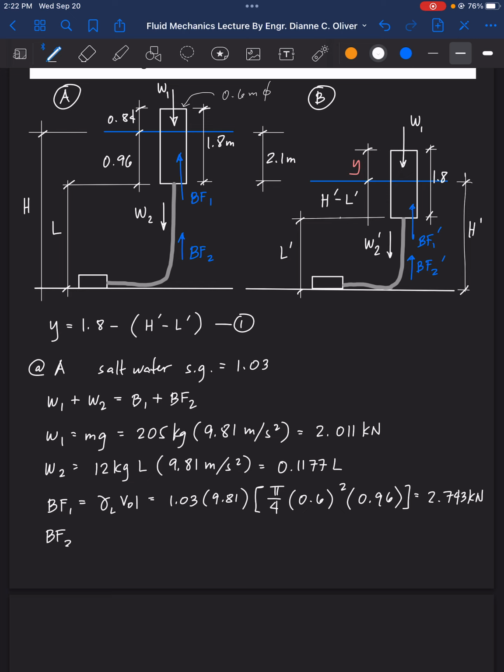Next, buoyant force 2 is again gamma L volume, 1.03 times 9.81. The volume is the volume of the chain, so we need the volume of the chain here.